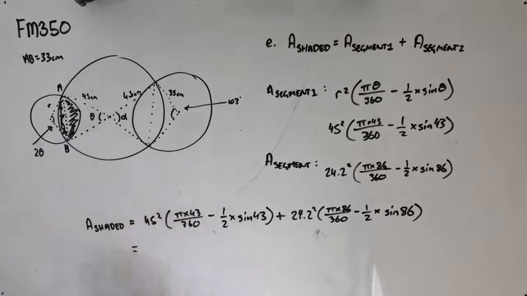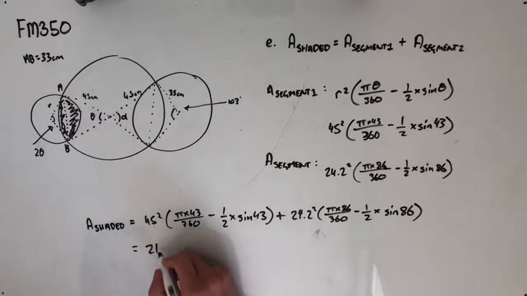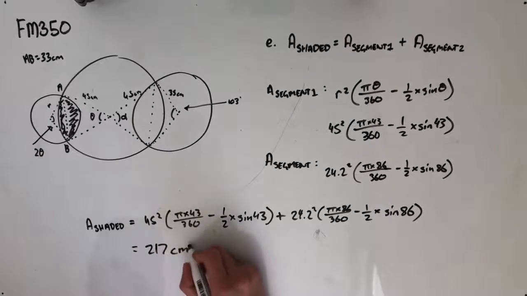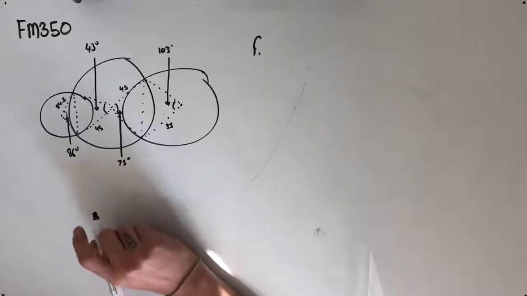Plugging all of that into a calculator and rounding to the nearest centimeter squared should give you an answer of 217 centimeters squared.